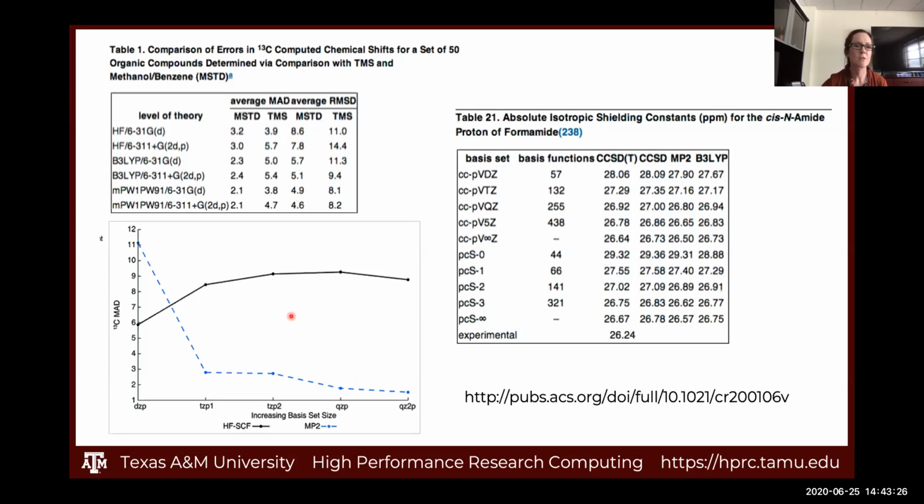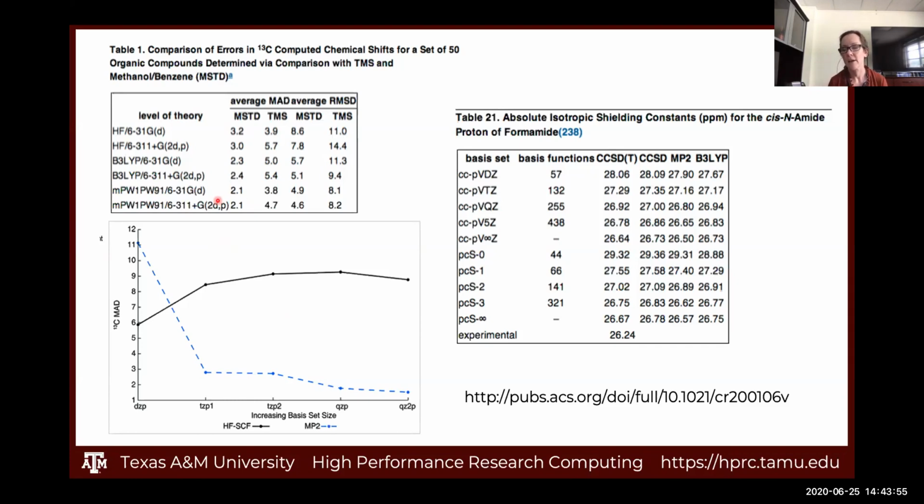We're not going to spend too much time on this slide. If you want to go back and look at it, it's just showing different levels of theory and the quality of the results that you might expect to get for carbon and hydrogen. Okay, the hydrogen shifts are quite small. If you're comparing two things and the parts per million shift is very small between two different hydrogens, you're probably going to have a hard time resolving that with a calculation.